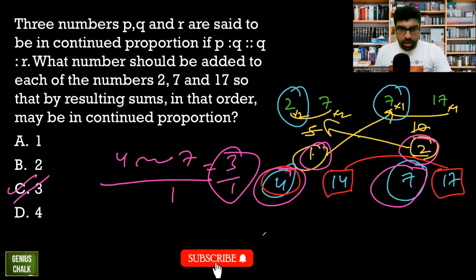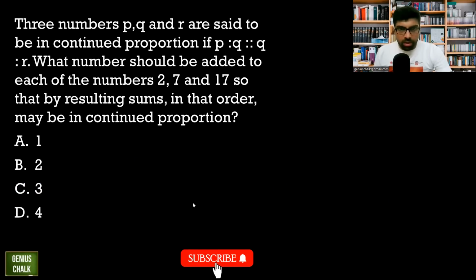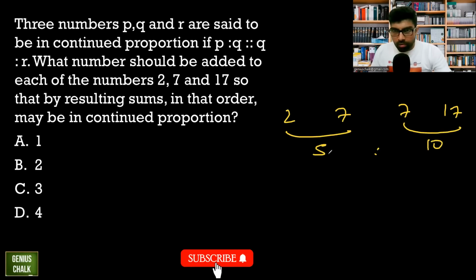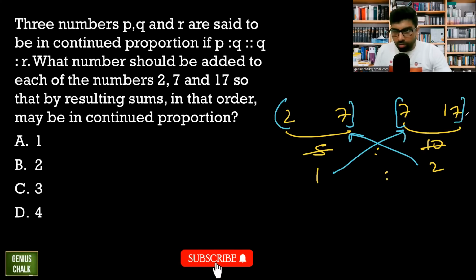Again, I'm repeating what I have done. See, write the numbers 2, 7 and 7, 17. The difference was 5. The difference was 10. If the difference is cancelable, make it a small ratio. Multiply these two by this, and multiply these two by 1.